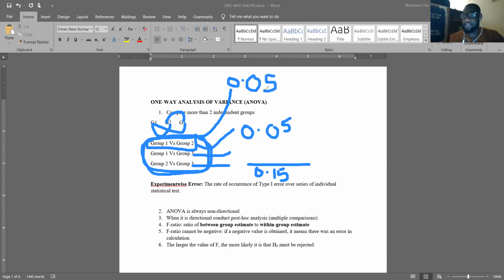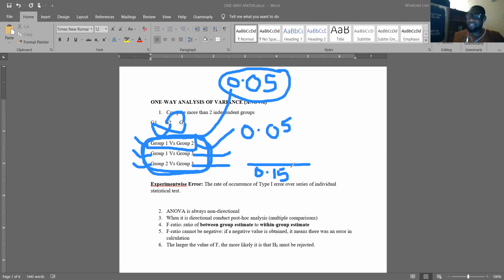So this is the essence. You use ANOVA to run all your comparisons, and you committed an error which was around 0.05. Then again, you use independent t-test separately: run an independent t-test for this comparison, another for this comparison, and another for this comparison. And you committed an error of 0.05 each, which is 0.15.